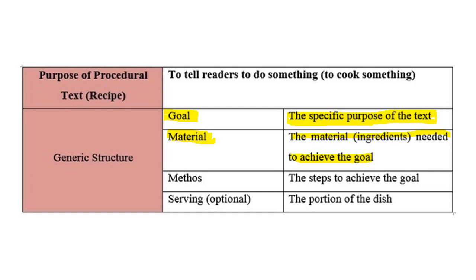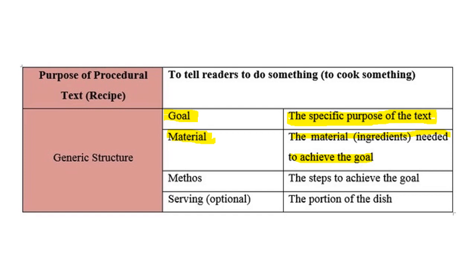If our purpose, for example, is to fix the televisions, then we need to prepare the material needed to fix the television's error, for example, right? Jadi itu tergantung dari goalnya. Goal kita apa? Kalau goalnya untuk memperbaiki TV, maka materialnya adalah material atau alat-alat yang digunakan untuk memperbaiki TV.